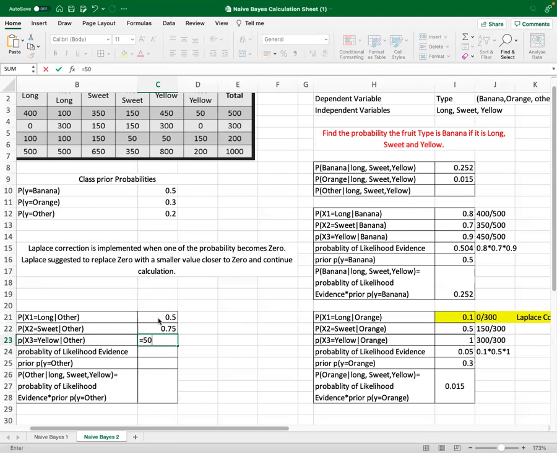Is equal to 50 by 200. Equal to 0.5 into 0.75 into 0.25, which is equal to 0.1875.